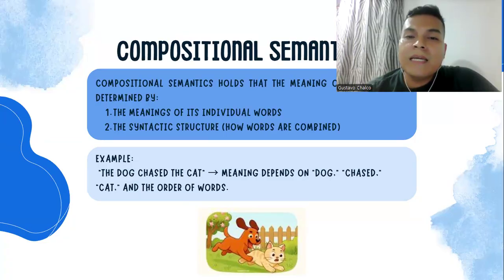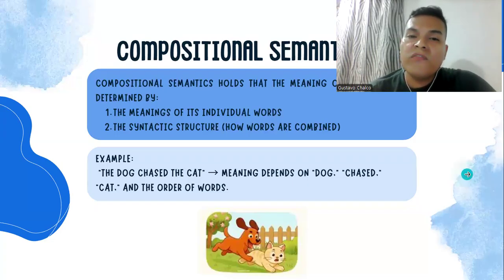And if we change the order, the meaning changes completely. Compositionality allows us to understand and produce an infinite number of sentences.